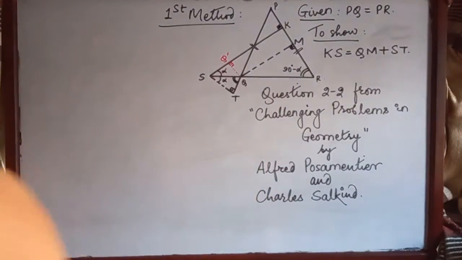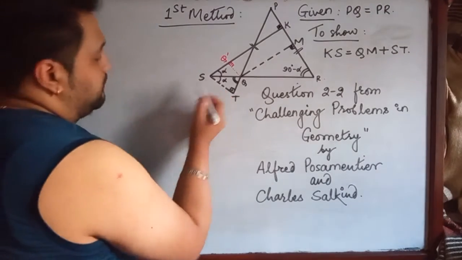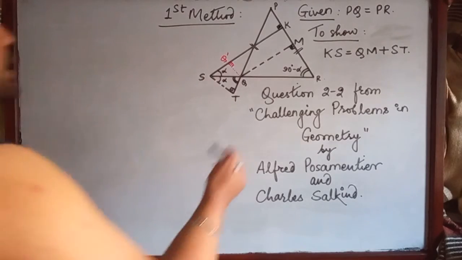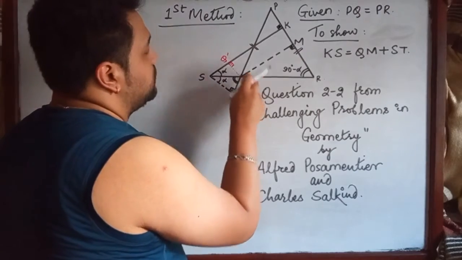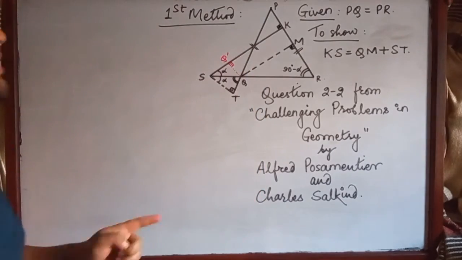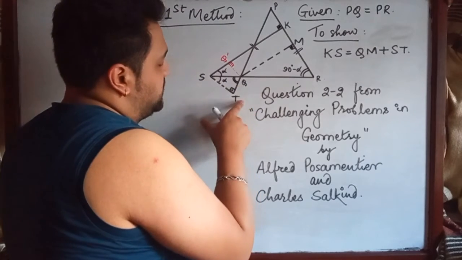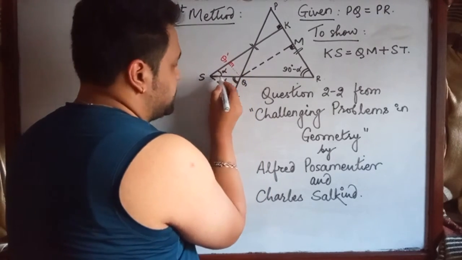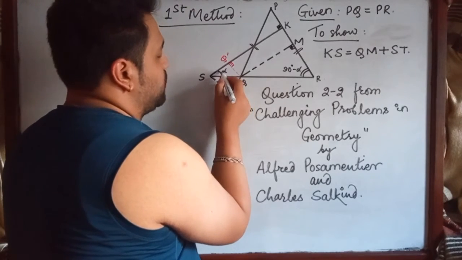Now let's see what happens. In triangles SQT and SQQ dash, a side is common and two angles are equal.